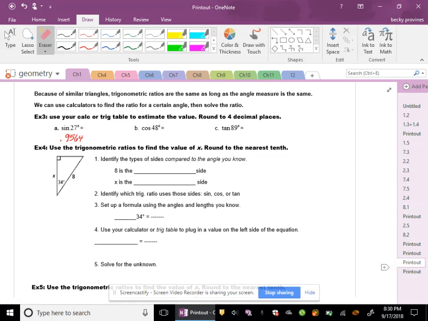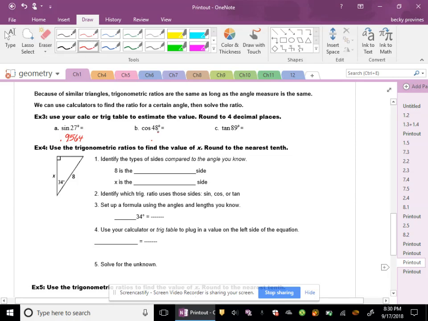On my cell phone, it's on the very bottom left corner. When I push it, it goes to RAD. When I push it again, it goes to DEG. And I really want this in degrees, not radians. So let's try the next one. I'm typing 48 cosine. If you have a yellow calculator, you're going to type in cosine 48, enter.